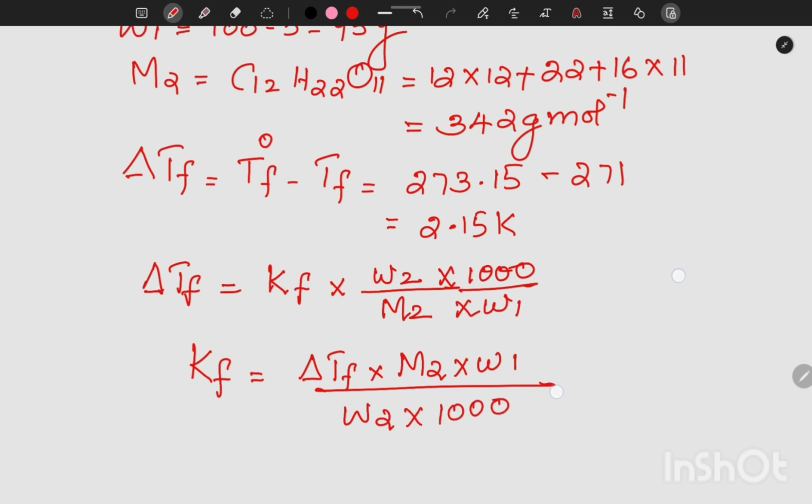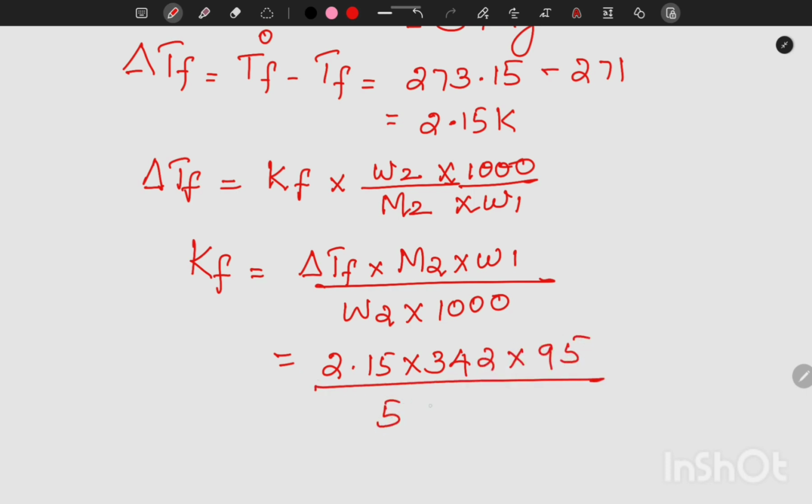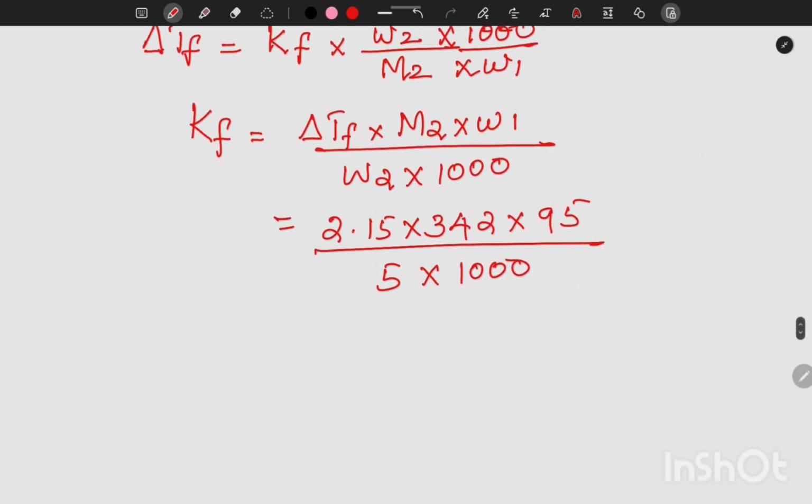Now let us substitute the values. Delta TF is equal to 2.15, molar mass is equal to 342, mass of solvent is 95 and mass of solute is 5 into 1000. Now we got Kf. So when we simplify this, we will get 13.97 Kelvin kilogram mole raised to minus 1.